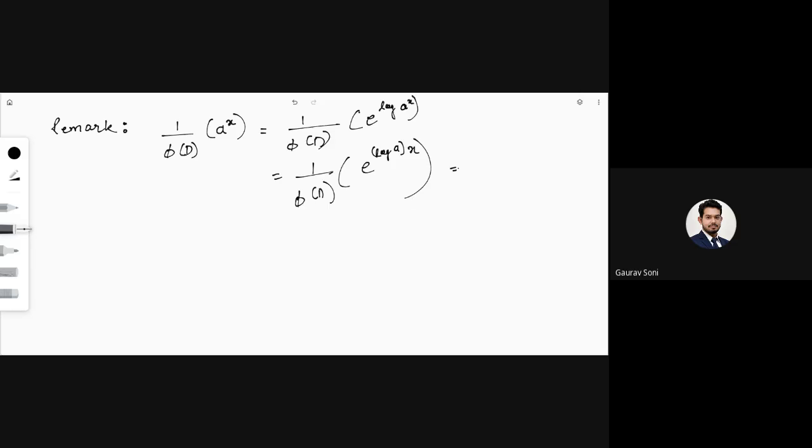So your answer in this case will be, anyone? What is the answer? 1 upon phi of D to the power log a into x.